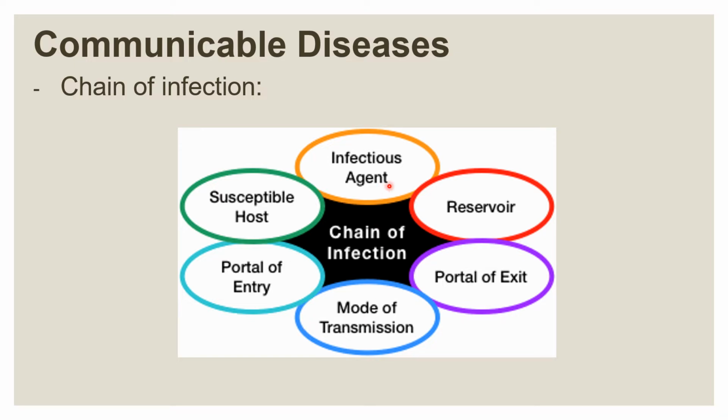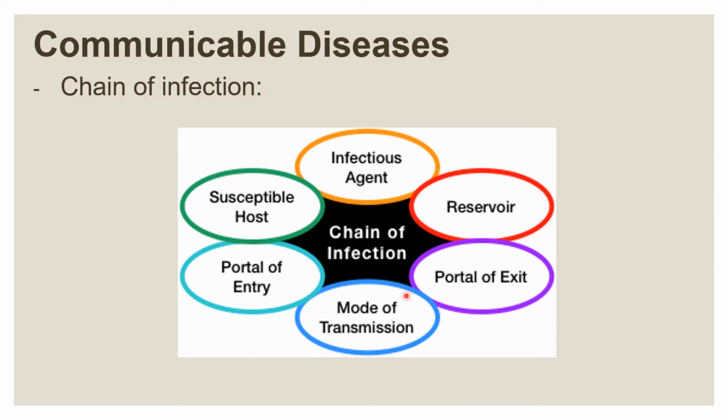For example, Mycobacterium tuberculosis: in the human host, that's where this infectious agent has the environment to multiply, and then through our nose and mouth it will exit, and then we will have the mode of transmission. That is the method of how the agent was able to exit. For tuberculosis, it could be through airborne or droplet. Okay, so we have several concepts here.